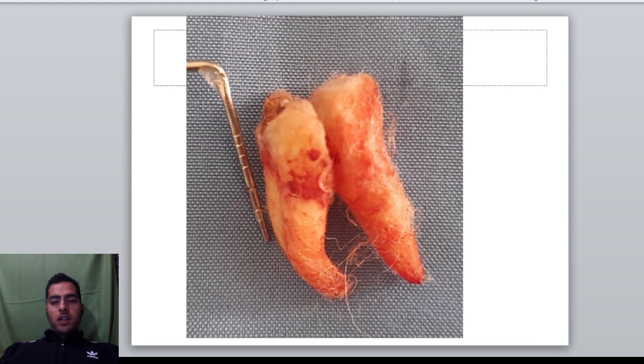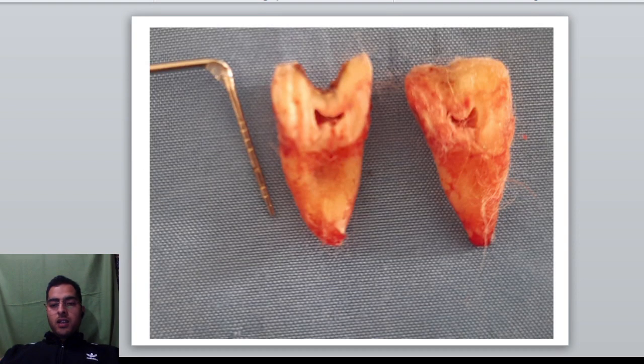Here I have one case to show you. This is a first mandibular molar. You can see this is the Williams graduated probe for reference of the height of the tooth. Here you can see this is the pulp chamber of the sectioned tooth.